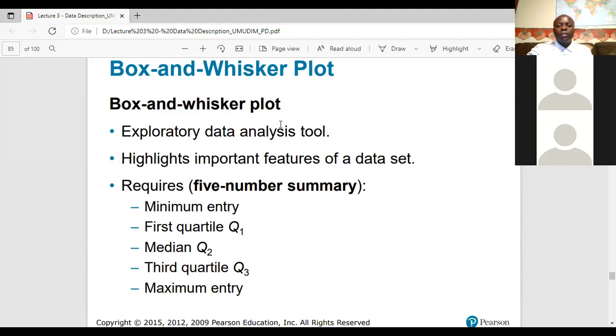The minimum is the lowest value, and the maximum entry is the highest value in the data set. Because there are 5 of them, we call them the 5-number summary. With the box and whisker plot, we can show these 5 numbers.